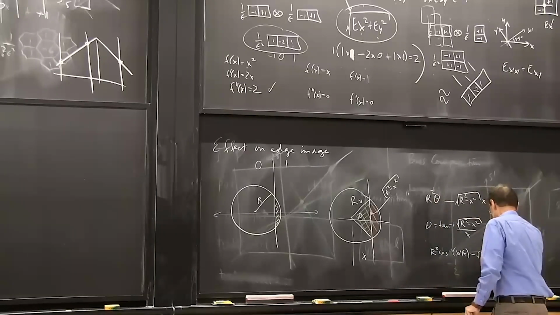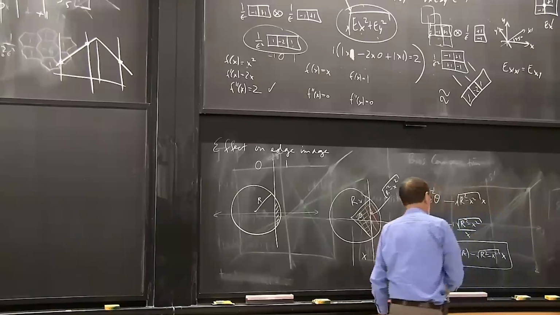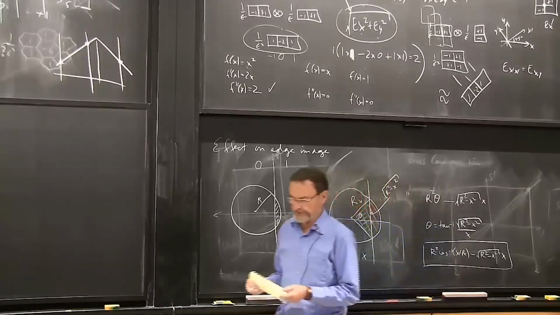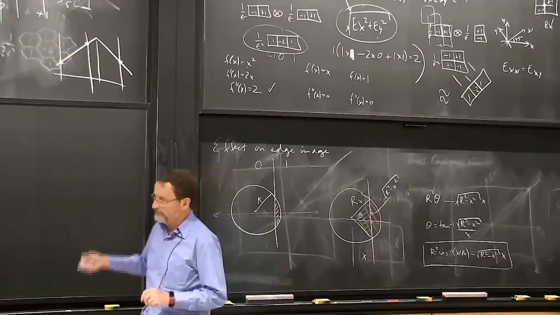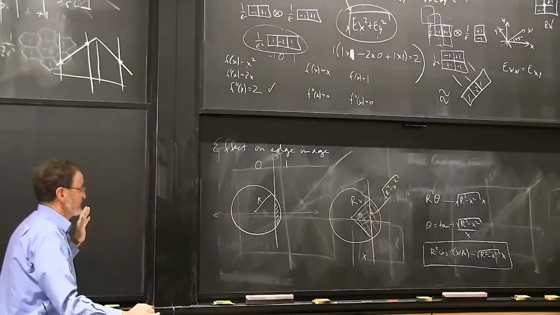The details aren't too exciting here. I'm not going to expect you to remember this. But we can plot that and see what sort of transition it gives us. And what's more, we can then feed it into this algorithm of this pattern to see how accurately it will determine the edge position.